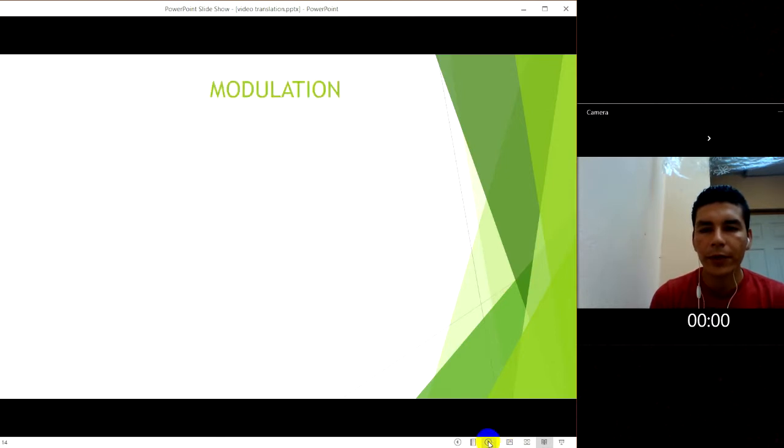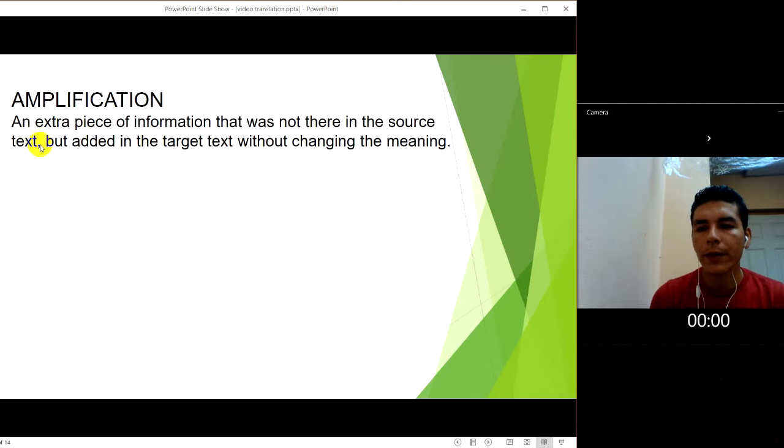Modulation. We have modulation. Here we have two categories. One of these is amplification. An extra piece of information that was not there in the source text, but is added in the target text without changing the meaning. What does it mean?